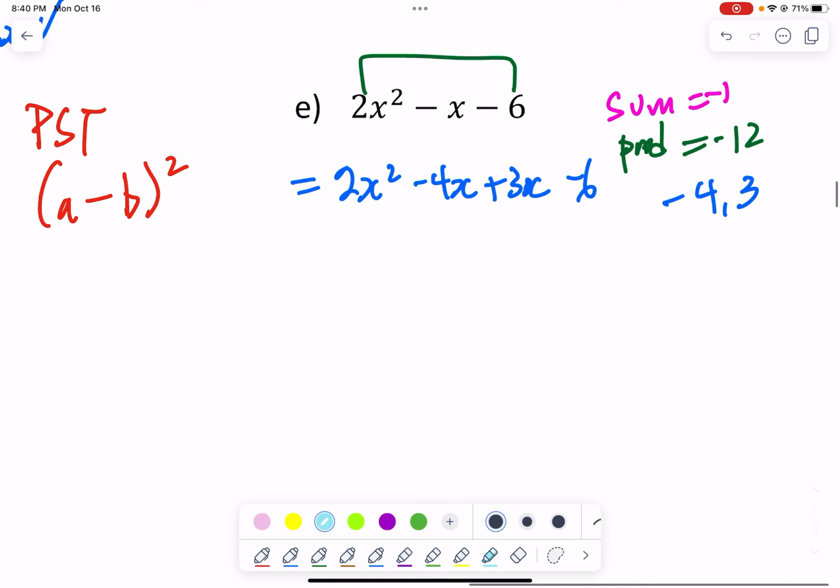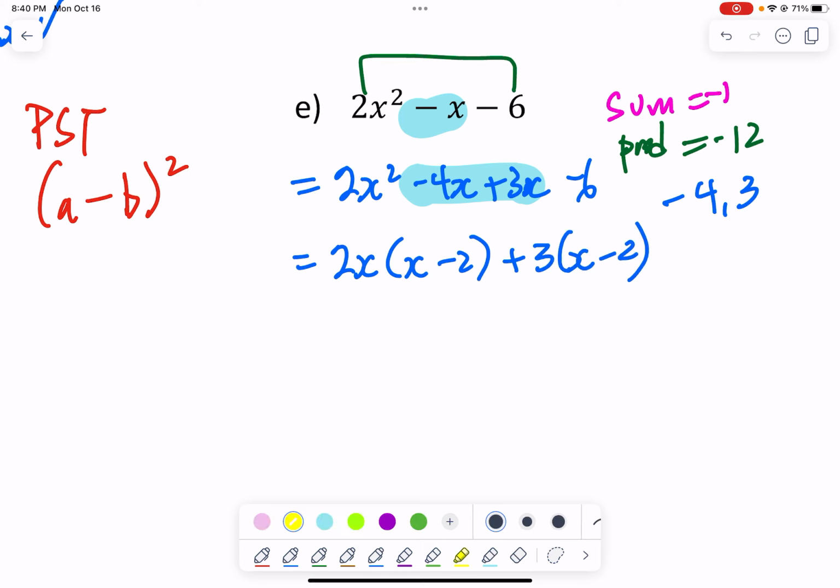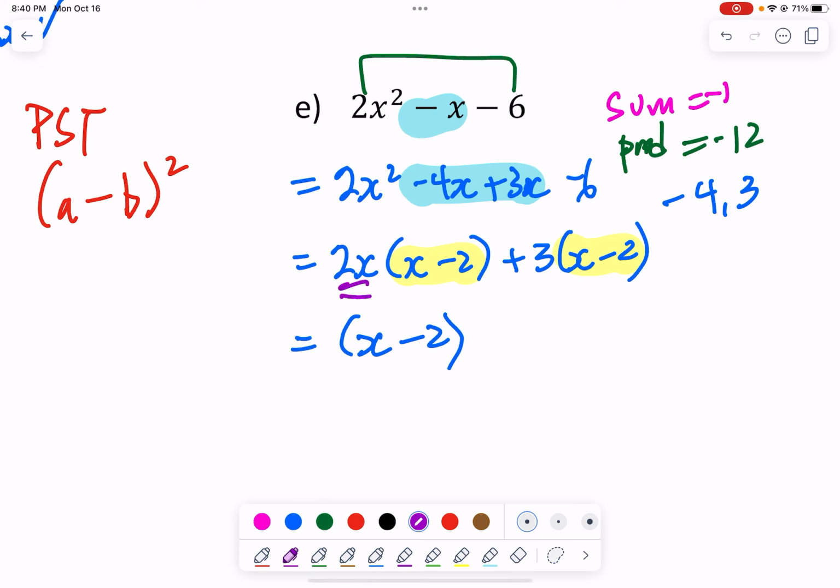So I broke down the minus x into those. And a 2x out front, x minus 2 plus 3 times x minus 2. We take the thing that's common, factor it out, and then we see what's left behind, and we write down that it remains.